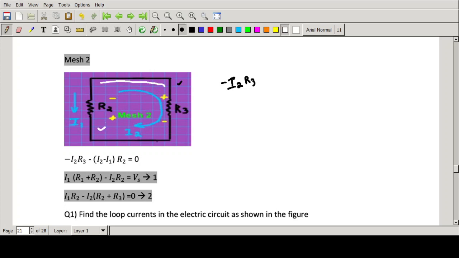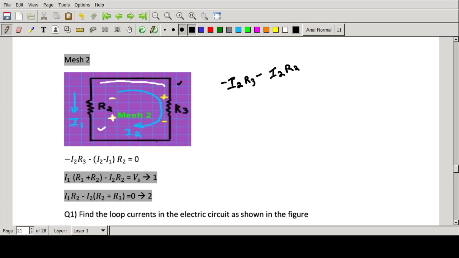So here you can see two voltage drops across resistance R2, one due to I2 and one due to I1. So first let's consider the voltage drop due to current I2. It is from plus to minus. So it is reducing, right? So you will write it as minus I2 R2.